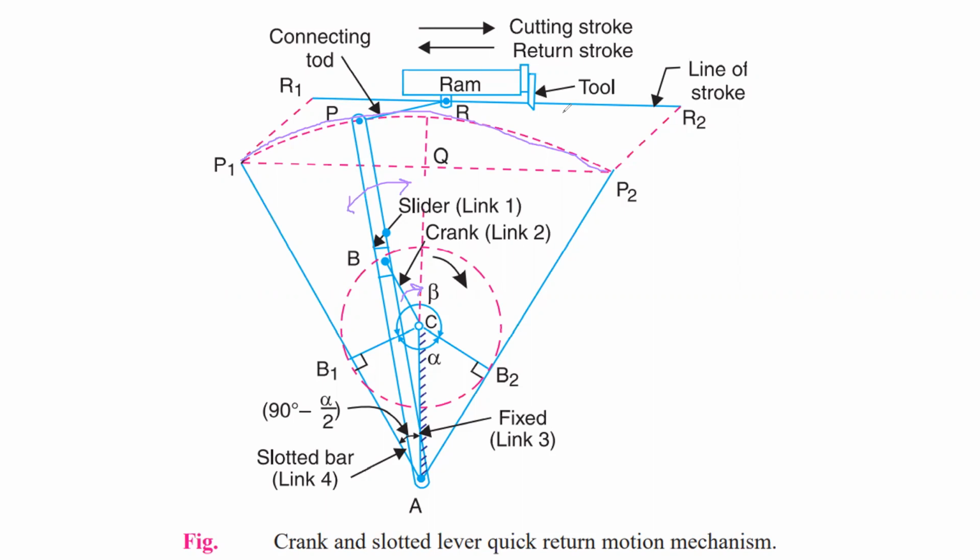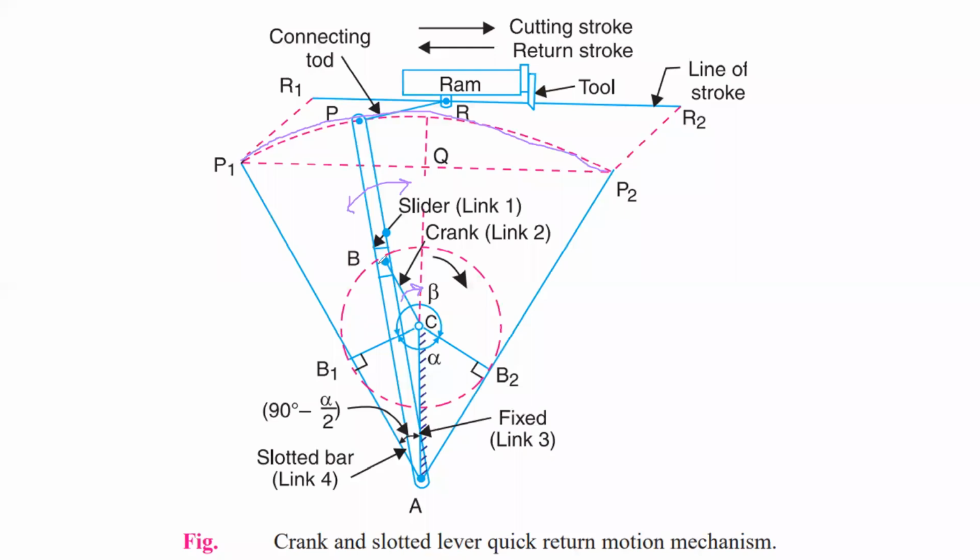Now why is it called a quick return motion mechanism? Quick return. You see the angular movement of the crank CB. So you see the motion of link CB.